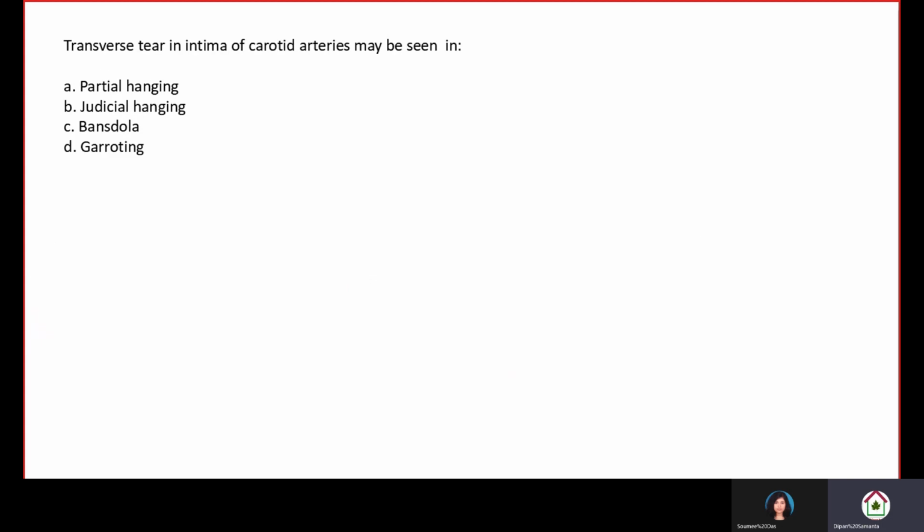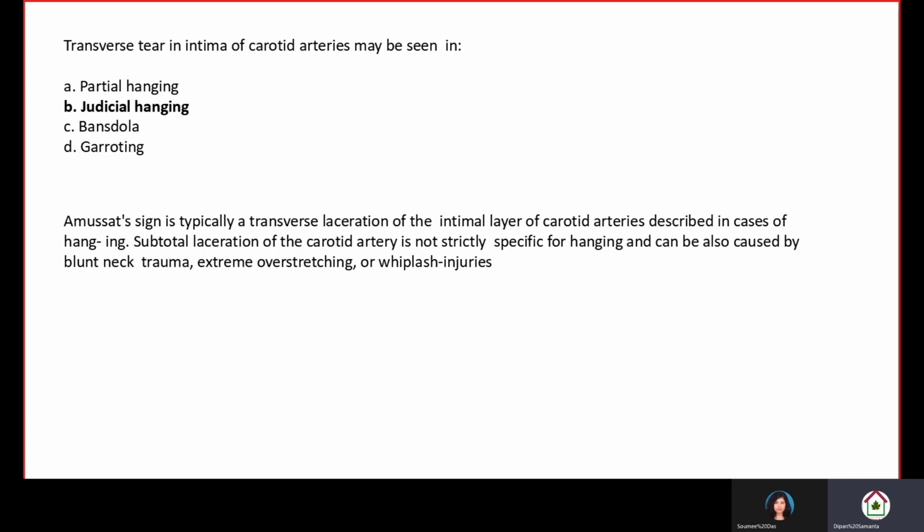Okay, next, transverse tear in intima of carotid arteries may be seen in partial hanging, judicial hanging, Bandula, garroting. Transverse tear in intima of carotid artery is seen in judicial hanging. Very important.